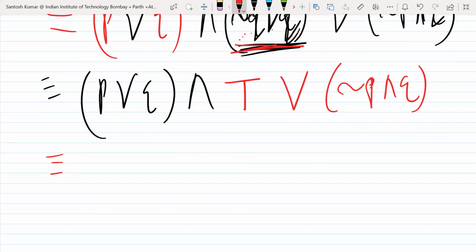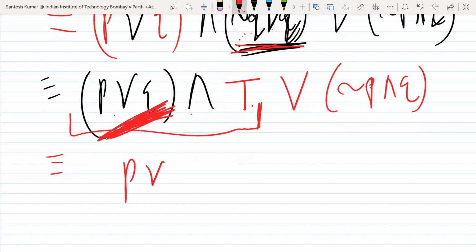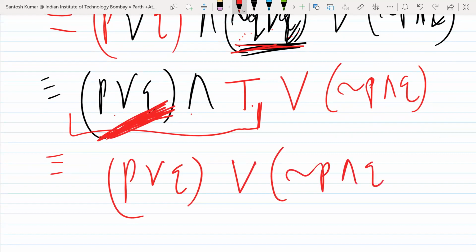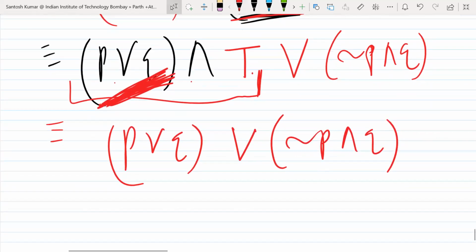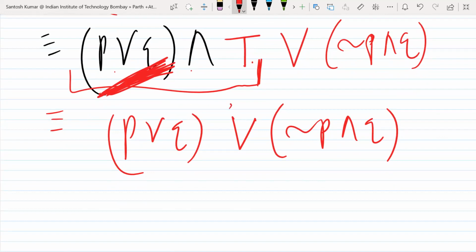Now this you can take together. Something and true depends on this. If it is true, the result will be true. If it is false, the result is false. So P or Q is left, or not P and Q. Now you simplify this.